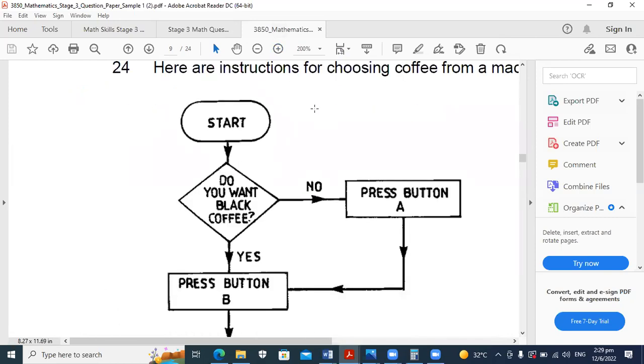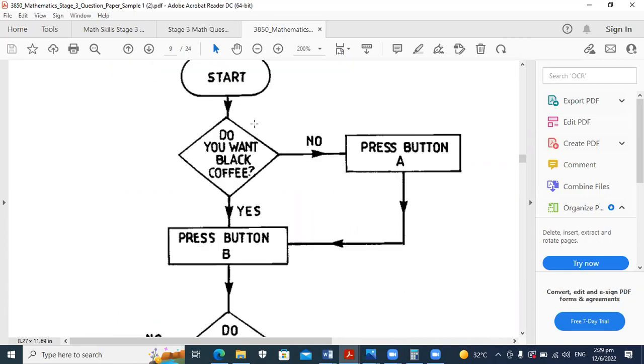So remember, we want white coffee and no sugar. They're asking which button should we press. So we go here now, we say start.